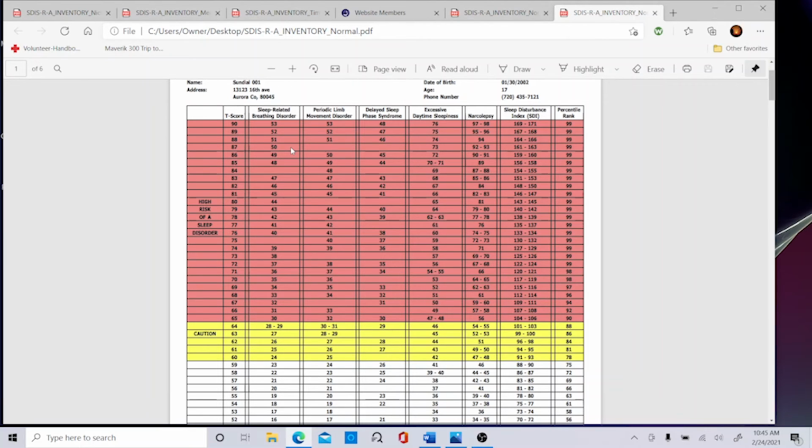And that's getting into the significant range. If you have a T-score, let's say this T-score over here would be 64. If he has a percentile of 88, that corresponds to a T-score of 64.